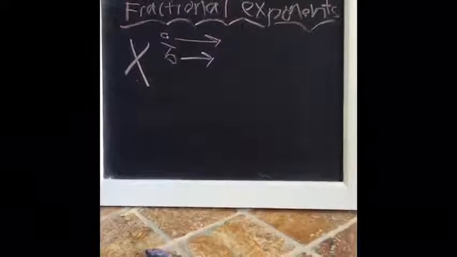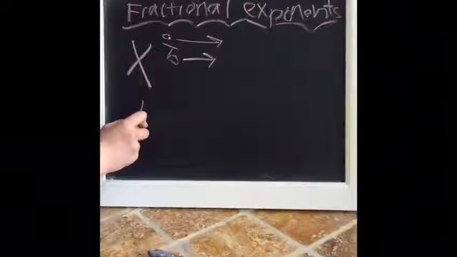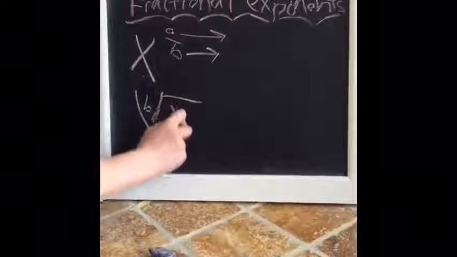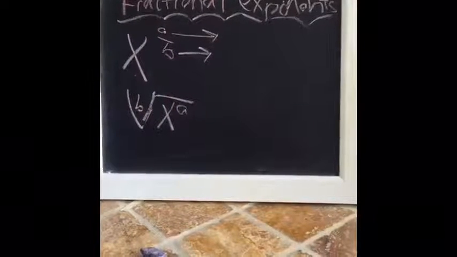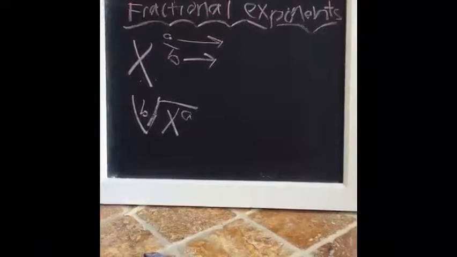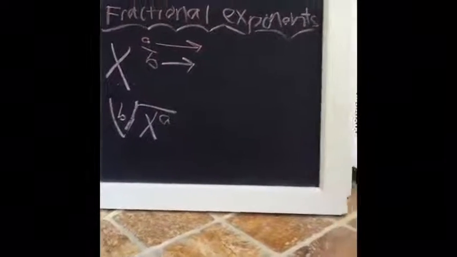So this would be the bth root of x to the a. It is helpful to take the bth root of the base first and then raise the base to the ath power.